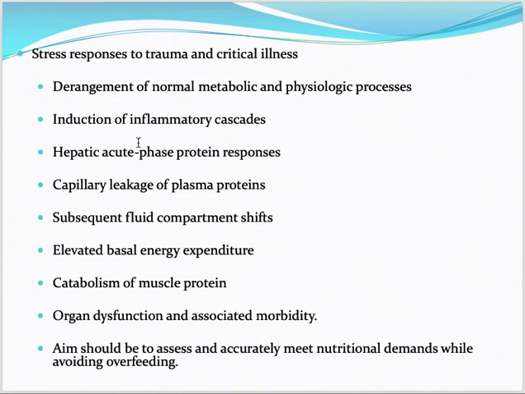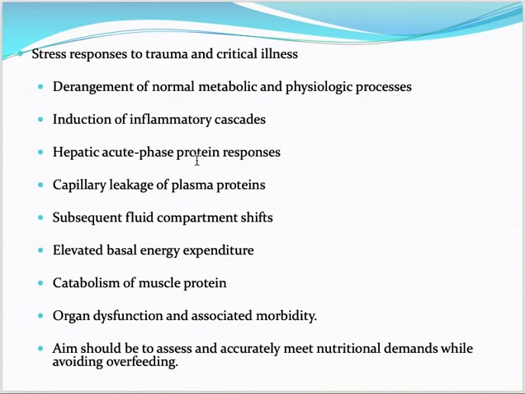Then what are acute phase proteins? Whenever our body has any kind of stress, like in illnesses or whenever someone has infections, many of the proteins in our body are either formed more, or they are depleted or exhausted.